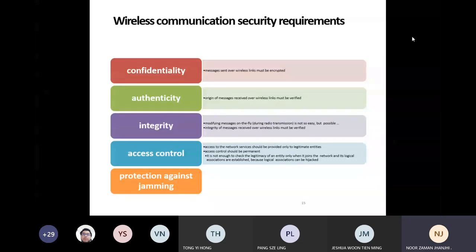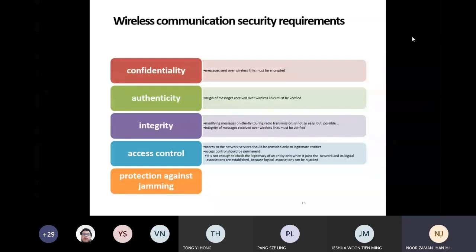You can call it CIAAP. These are the 5 things: confidentiality, integrity, authenticity, access control, and protection against jamming. If we as security engineers can provide these things, then we can say that the wireless network is reliable, trustable, and we can use it with high trust.